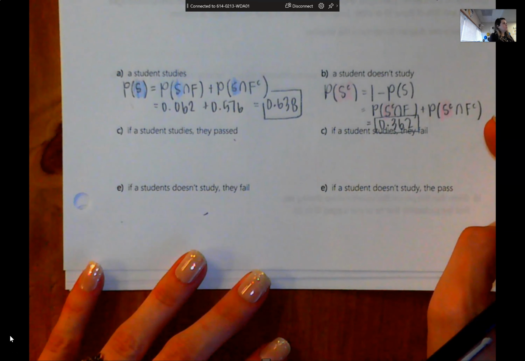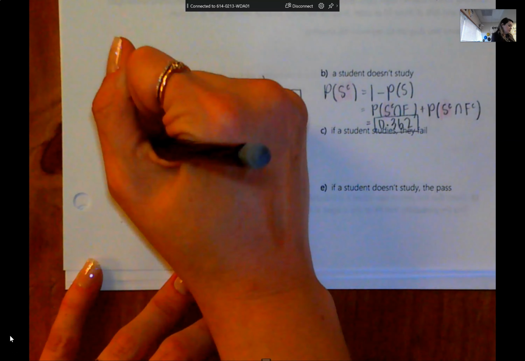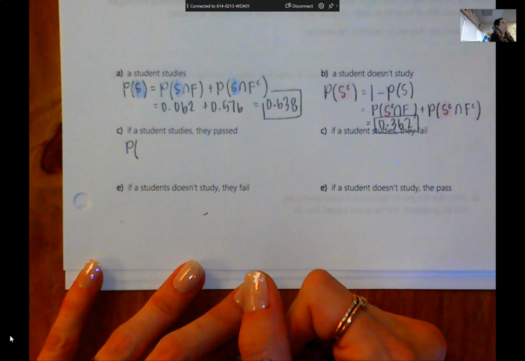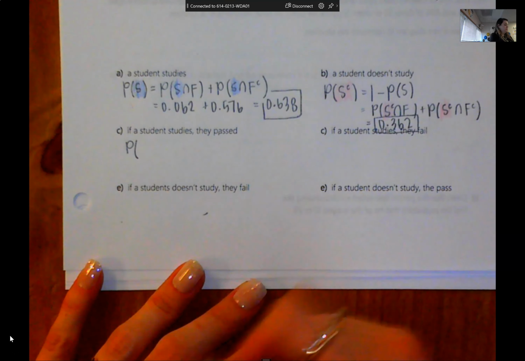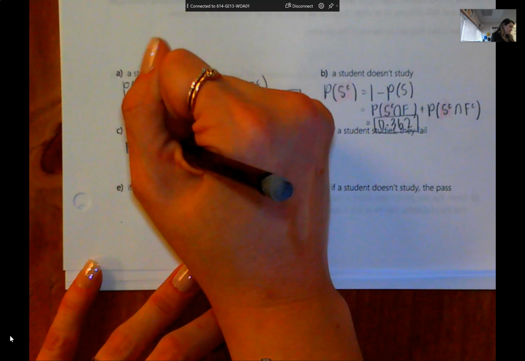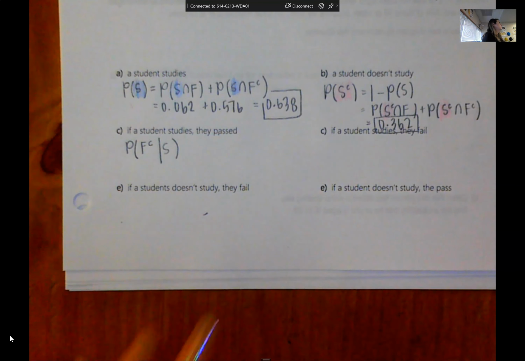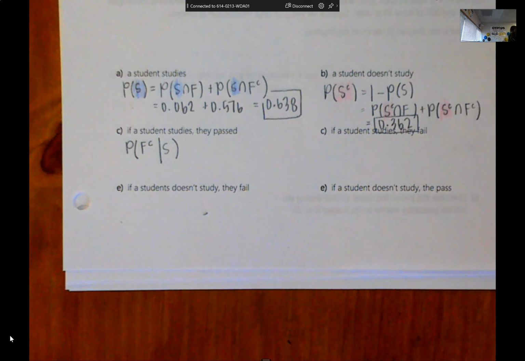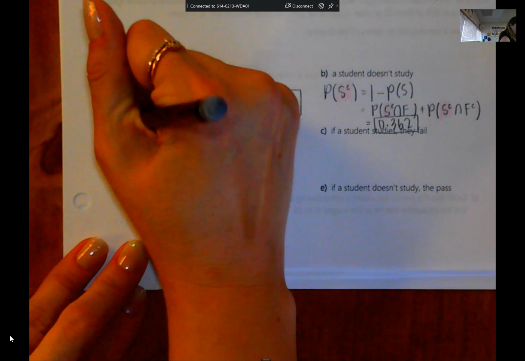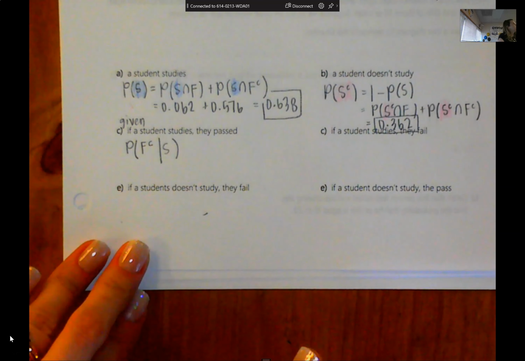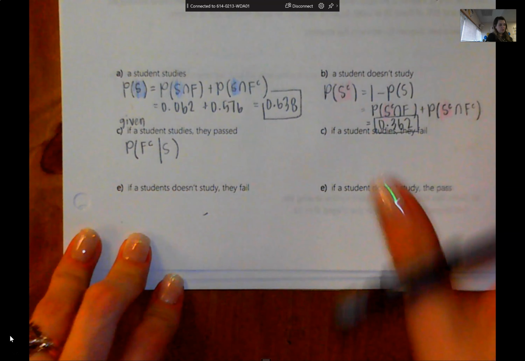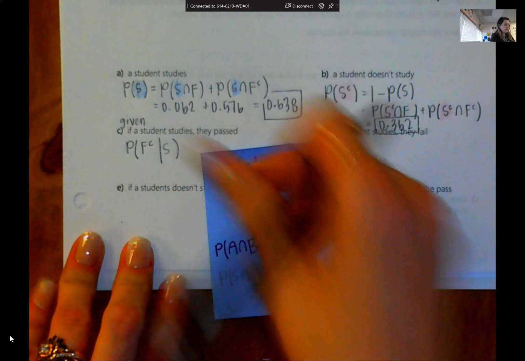If a student studies, they passed. So P of passed given studied. If a student studies, that's your given, they passed. So this is your given. Well, I reminded you at the beginning of the period what that formula is.